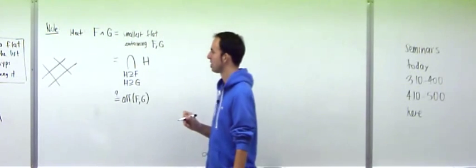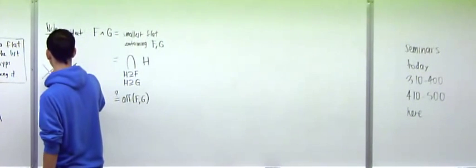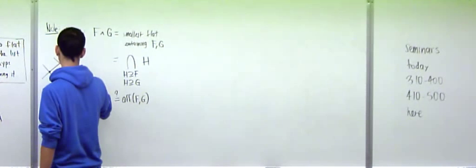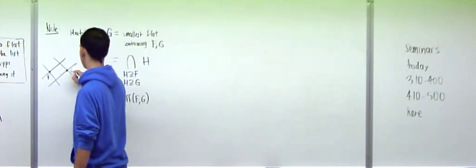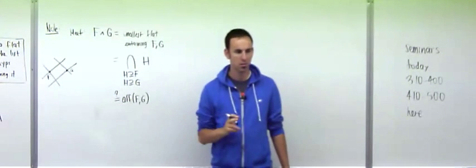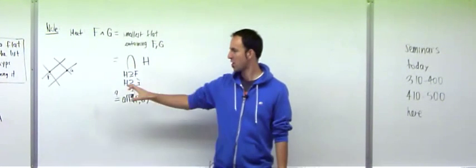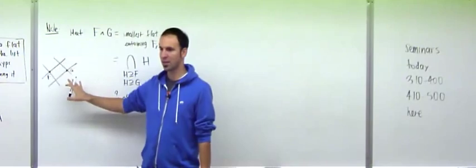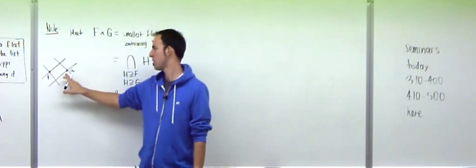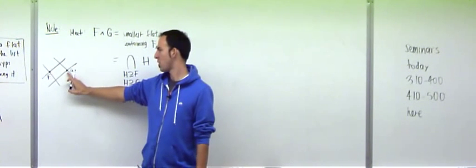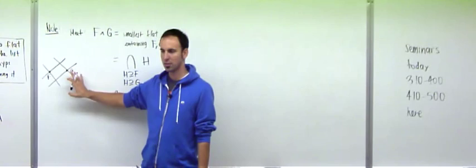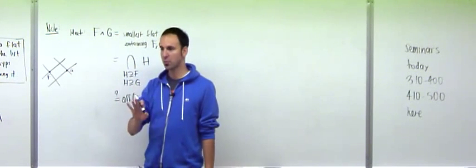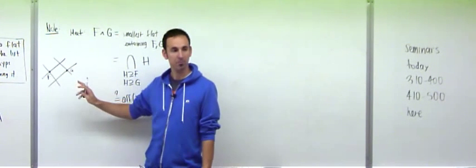Here's an arrangement. And here's f. And here's g. So it's an arrangement in R2. It has 4 lines. Okay, here's f, here's g. What is the smallest flat containing f and g? The problem is that the line through them is not in the arrangement, right?